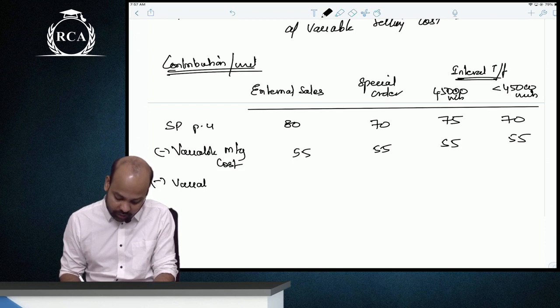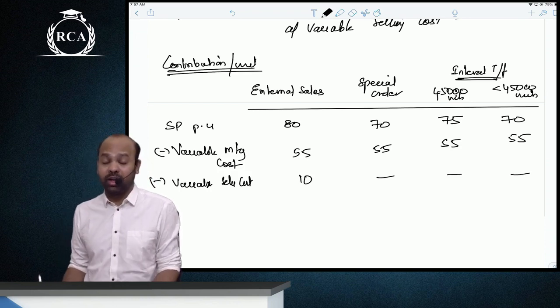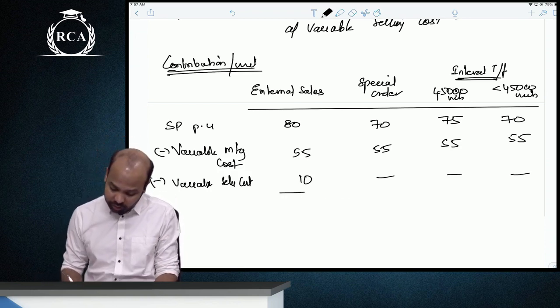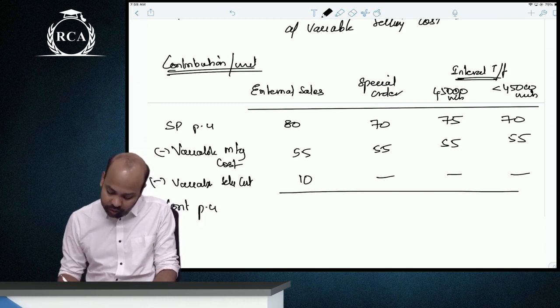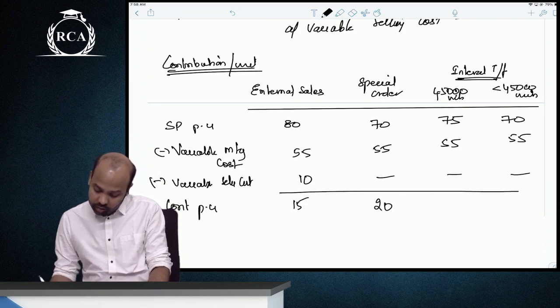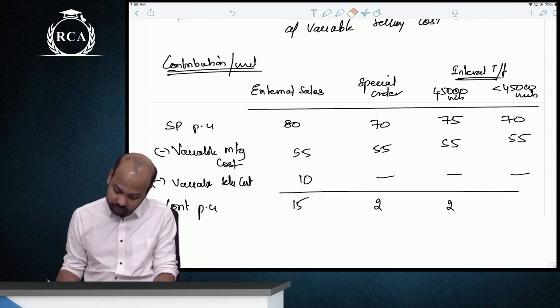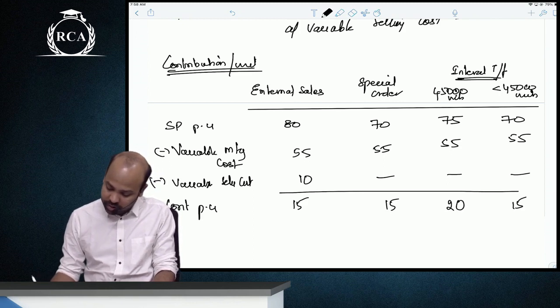Variable selling cost of 10 rupees will be incurred on external sales. Remaining, we've already decided that we will not incur a variable component. It is better to incur a fixed component. Understood, sir? Your contribution per unit is 80 minus 55 minus 10, that is 15. Here it is 20 rupees, sorry, here it is 15 rupees. I'm so sorry. Here it is 20 rupees, here it is 15 rupees.